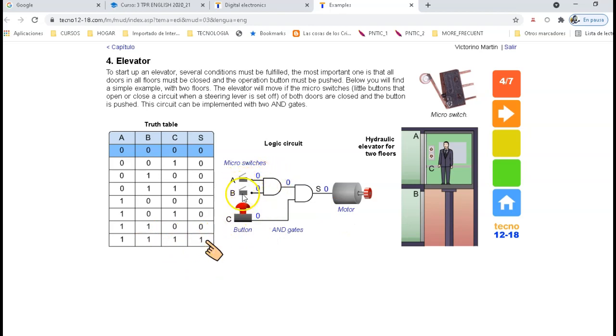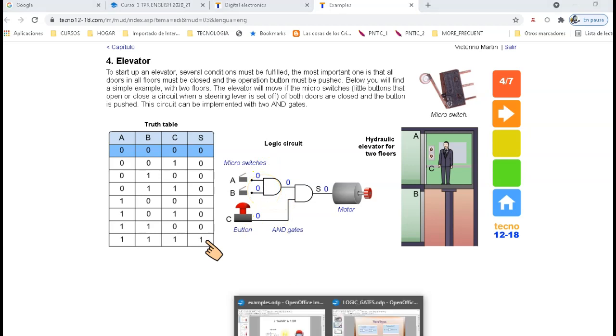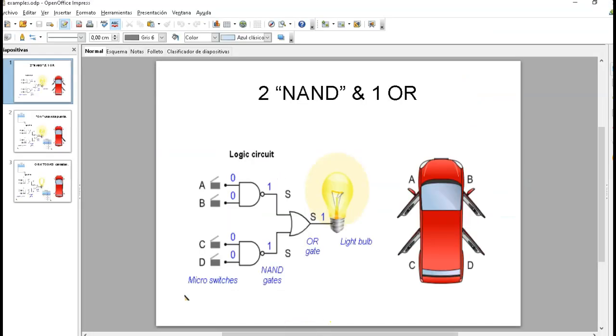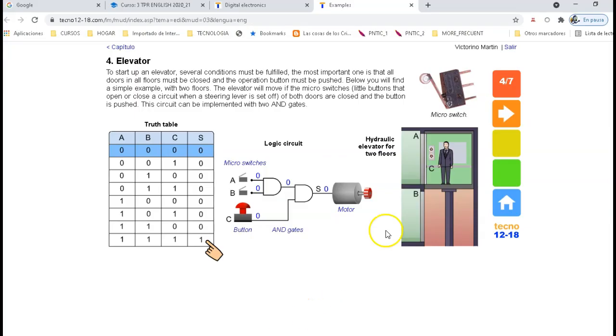The only way for fulfilling this need is to have two AND logic gates, one after the other, set like this. So in the case of the elevator, the motor only works if the 3 conditions are in the 1 state. Is it okay? Do you understand? Any question? No. Okay, good.